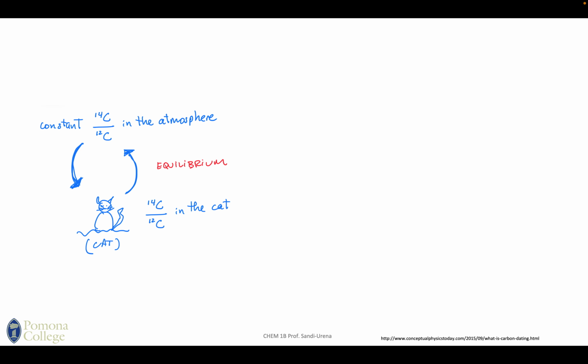That's very important. So if we look at the cat, or a tree around the cat, or just the atmosphere, or any other living creature, the ratio of carbon-14 to carbon-12 is going to be the same, because the systems are at equilibrium through that exchange.